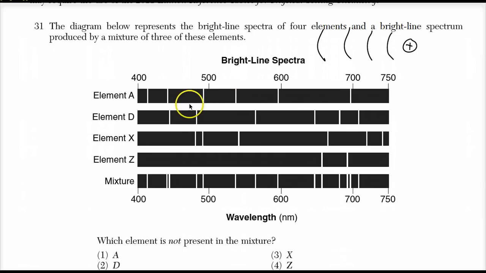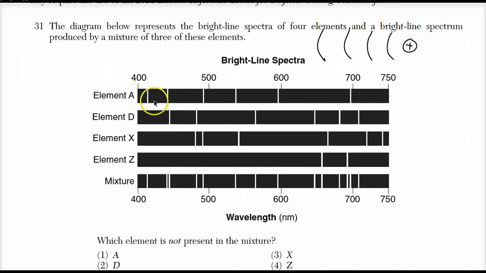So every unique element has a unique bunch of spectral lines that represent their unique leaps backward from their different energy positions. And now every unique element has a unique energy position because they have a unique number of protons and electrons that interfere.